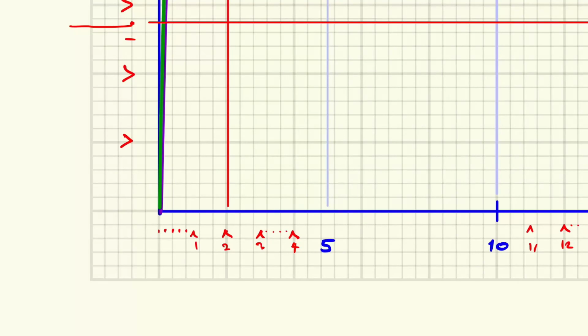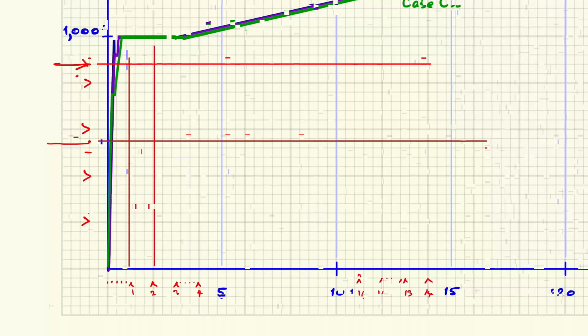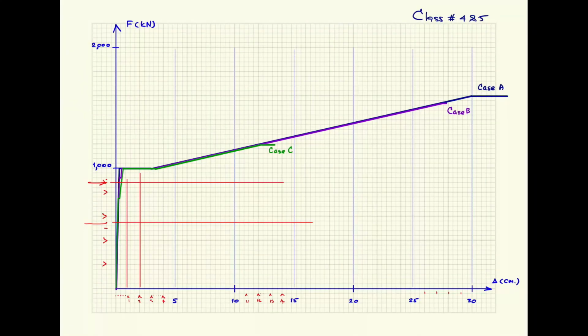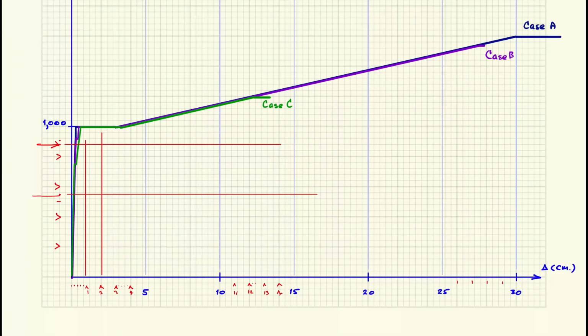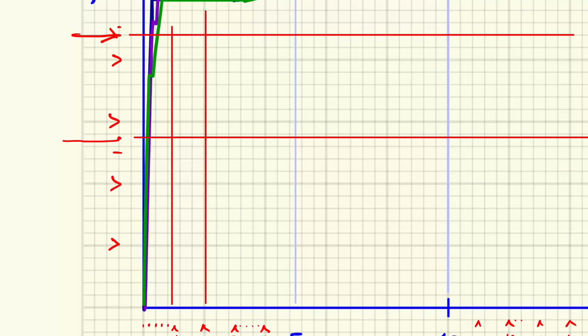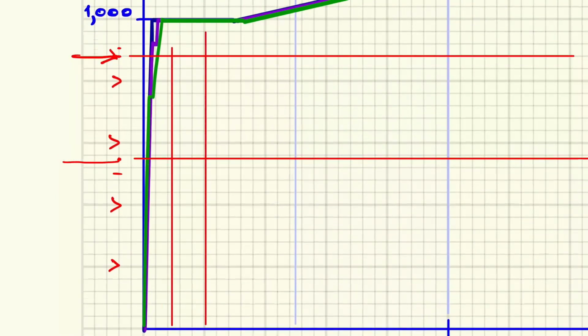It is close to 0.9. Okay, 0.86 is going to be around there, and 0.1, 0.2 is going to be around there. Okay, got it.